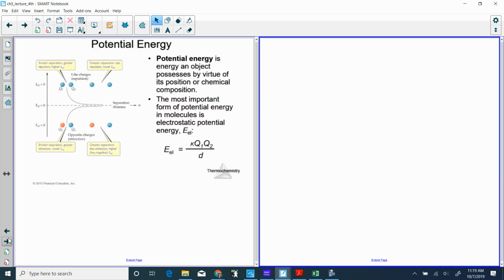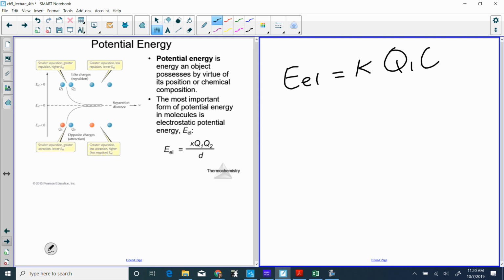Okay, so we are here in potential energy. It's called electrostatic energy. Electrostatic is the science word for when I say magnets. When I talk about attraction and repulsion, I'm talking about electrostatic. It equals kappa, which is a capital Greek letter K, Q1 times Q2 divided by D for distance.